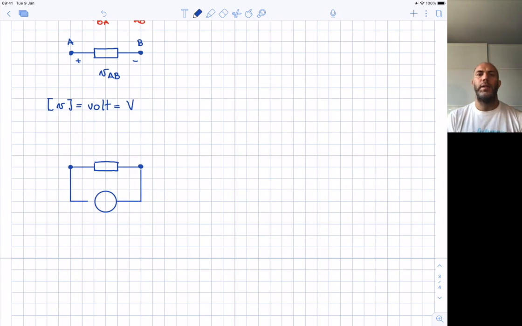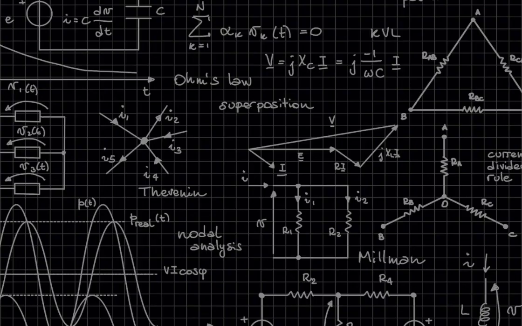And since the voltage is endowed by a direction, we also have to identify one terminal as the positive terminal, so that we know that this instrument is measuring the voltage with the tip of the arrow on the left.